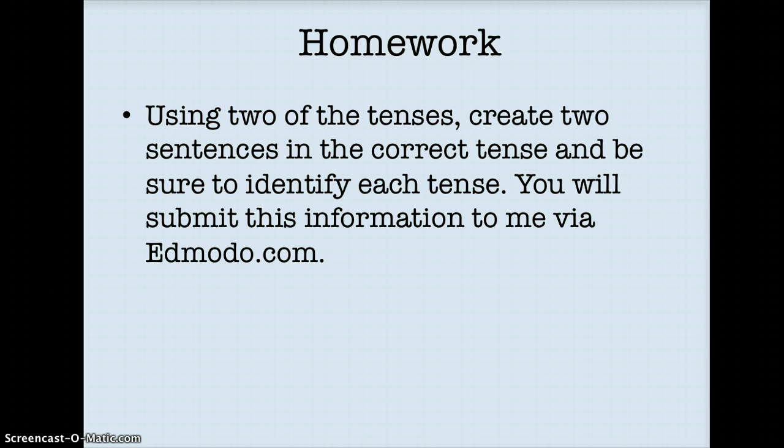That's all you need to do. So again, using 2 different tenses, create 2 sentences in the correct tense, and be sure to identify each tense. You will submit this information to me via edmodo.com, and make sure this is submitted no later than Monday, first period. Thank you.